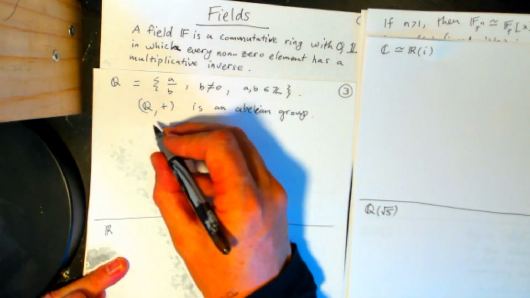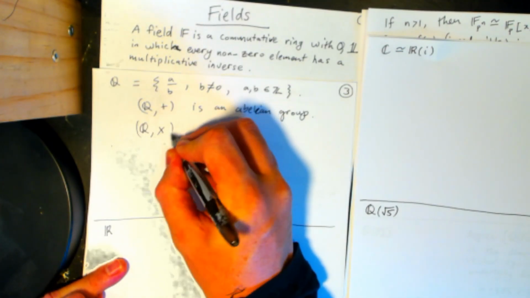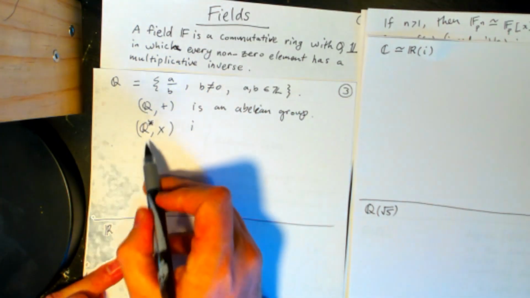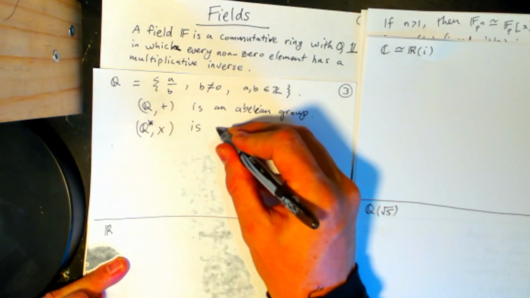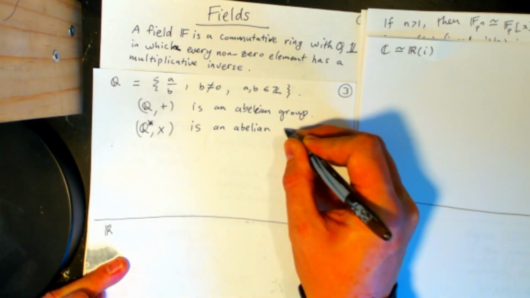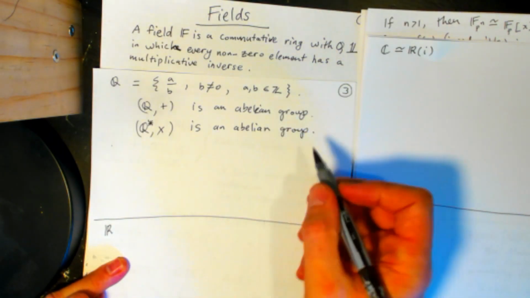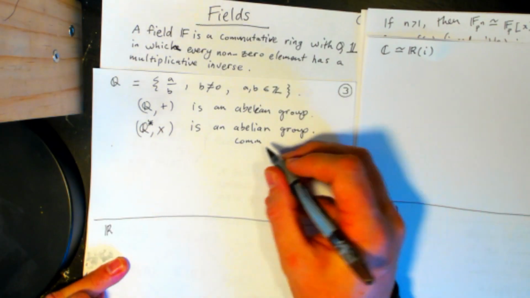We also know that Q with multiplication, and we exclude 0, so we throw away 0 in this operation. This is an abelian group. Okay, just meaning commutative. The operation is commutative, AB equals BA.